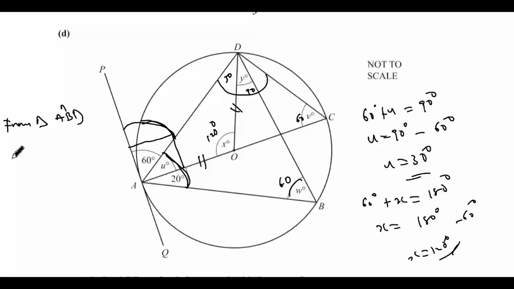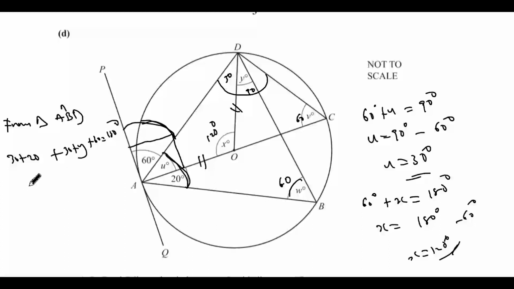So that will be 30 plus 20, plus, let's say the angle here is 30, that is 30 plus Y, these two angles here, 30 and Y, then plus this one here, W, which is 60, equals 180 degrees.